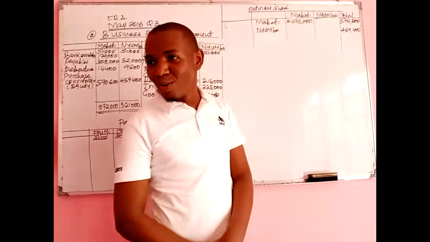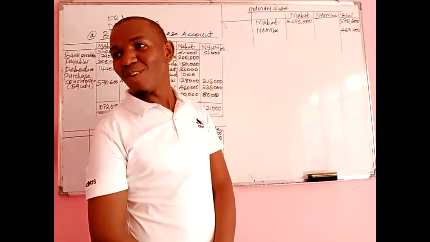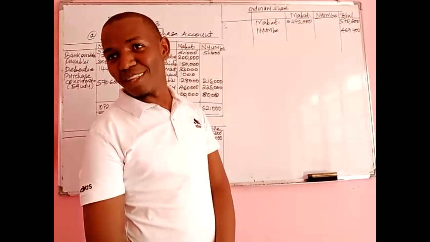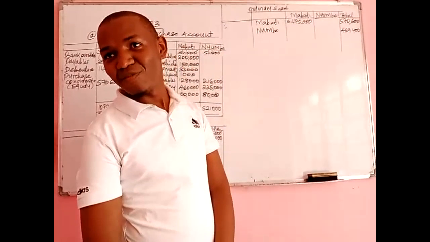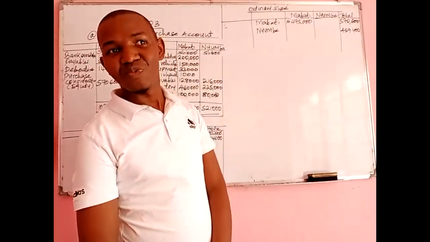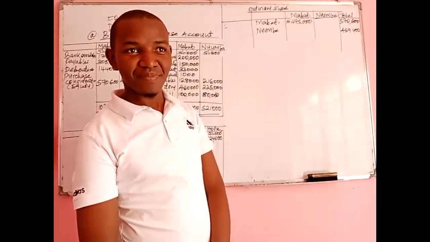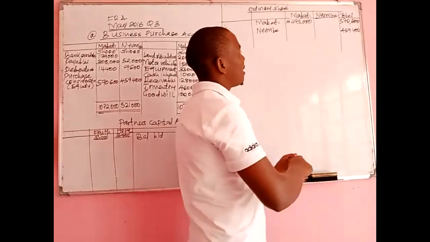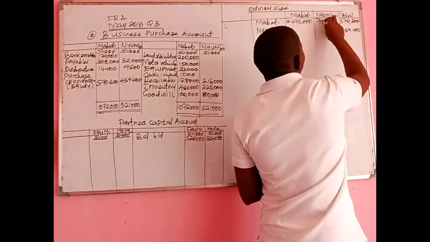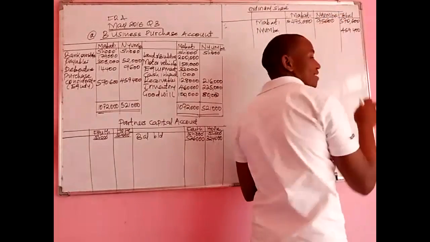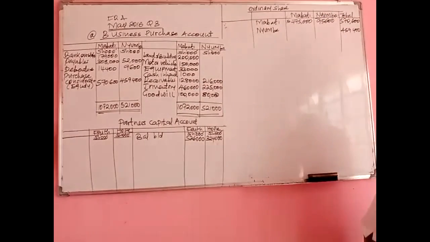The balance will go to Nyumba. Are we together? 475. So we've got 95,000. So this one I will have 95,600, which will be given there as the balance in shares in Nyumba.